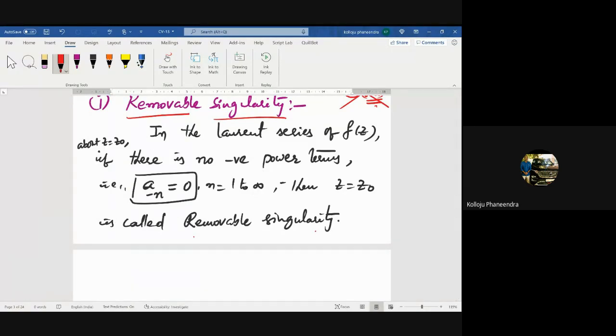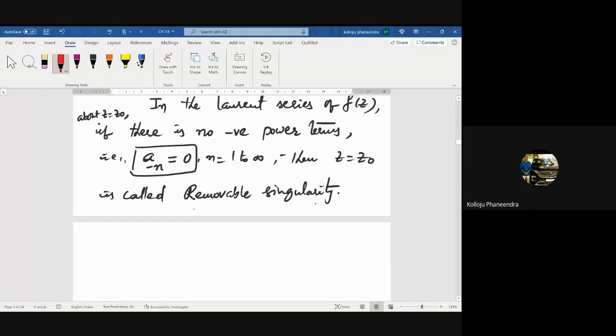If in the Laurent series expansion of f of z about z equal to z naught it doesn't contain any negative power terms, z naught is called a removable singularity. Then one shortcut: limit z tends to z naught of f of z.